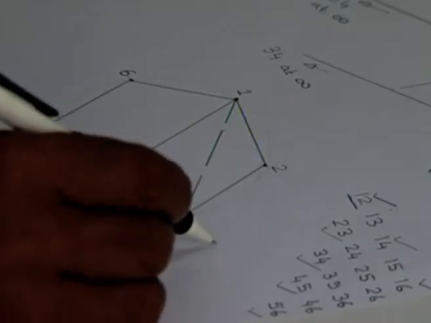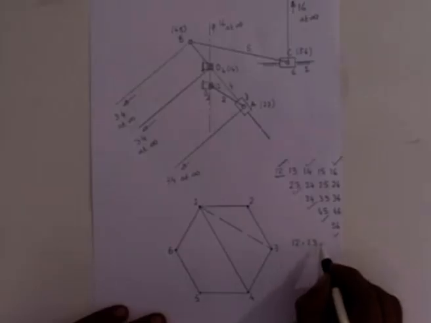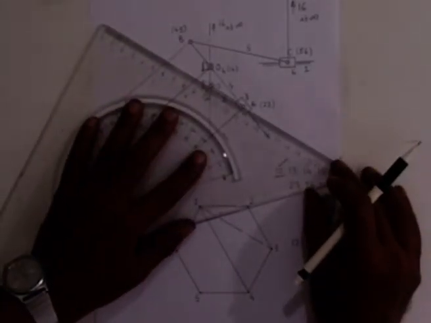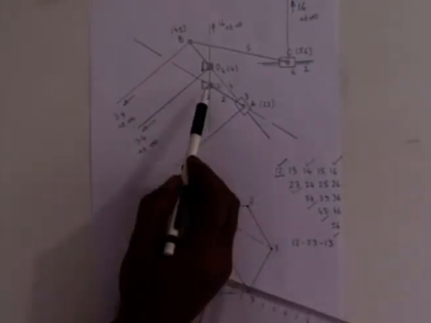We consider that 1, 2, 2, 3 and 1, 3 are collinear. We have already drawn 1, 2 and 2, 3. So 1, 3 must be lying on this line. This is what we call the Aronhold-Kennedy theorem, that 1, 2, 2, 3, 1, 3 are collinear. 1, 2 is here, 2, 3 is there. So 1, 3 must lie on this line.